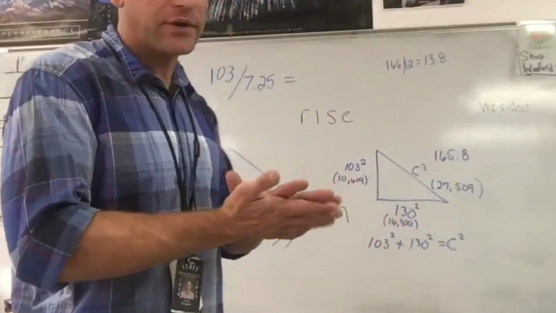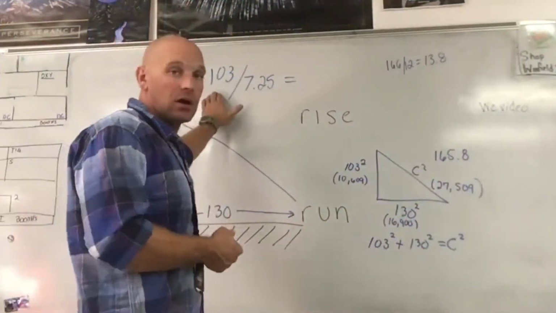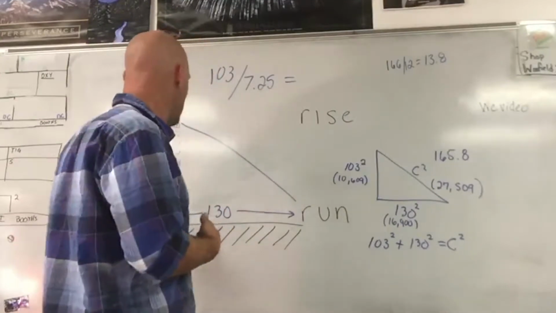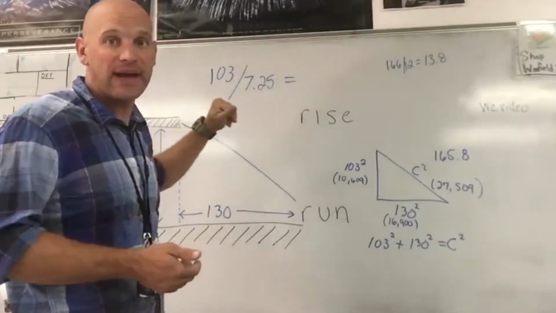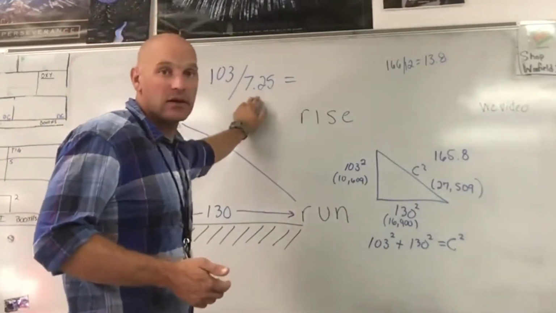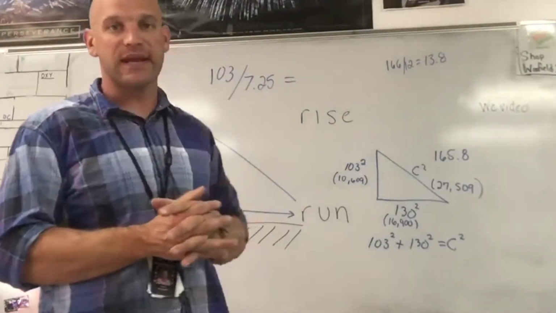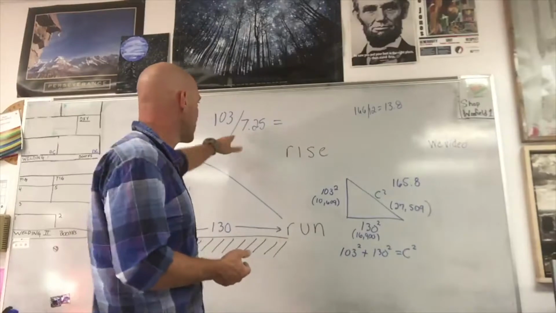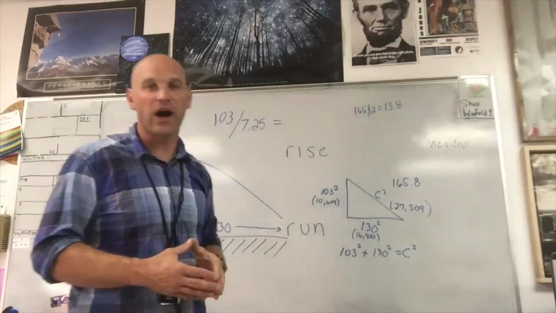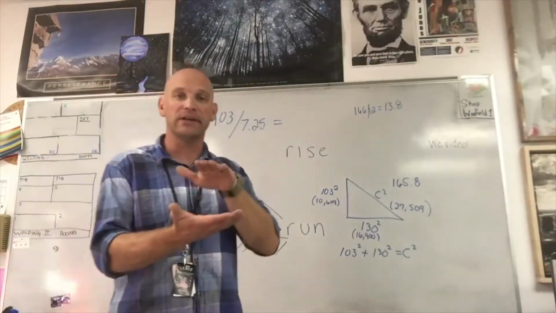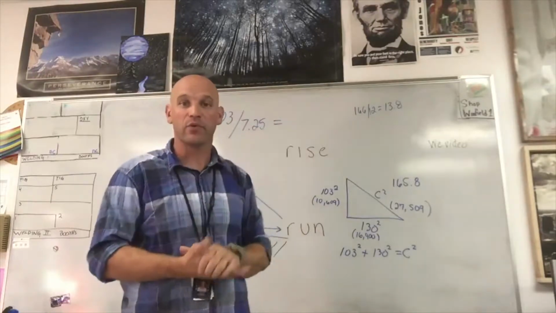So we're going to take our calculation of 103, our rise, and divide that by our step rise. That's just a pretty good standard step. 7 1/4, 7.25, is a very common step-to-step rise.